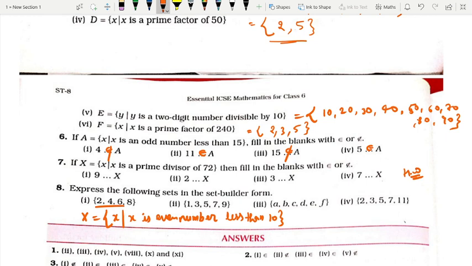So less than 10, what are the numbers which are even? So these 2 4 6 8, they are even natural numbers. We can write down here even natural number, just correct it. Okay, even natural number less than 10.